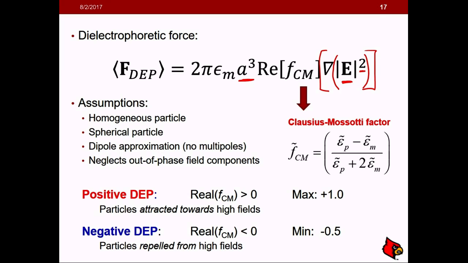The real part of that, for the assumptions provided here, has a range of +1 for positive dielectrophoresis, and then -1/2 for negative dielectrophoresis. So this is your maximum theoretical range, depending on the dielectric properties of your particle, your medium, and the frequency that's applied.